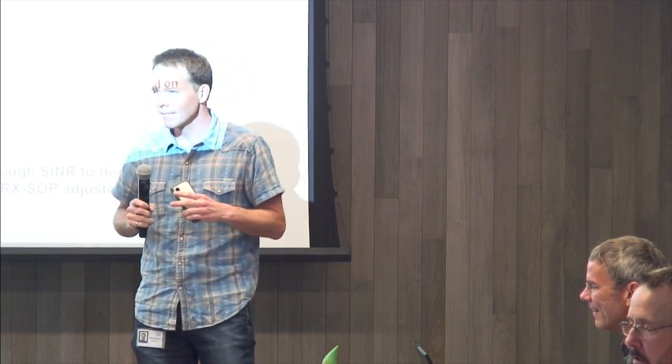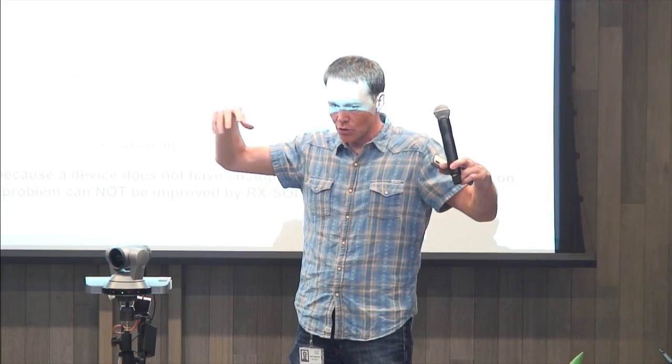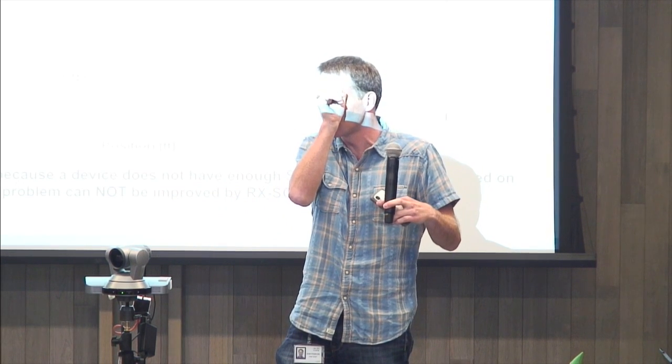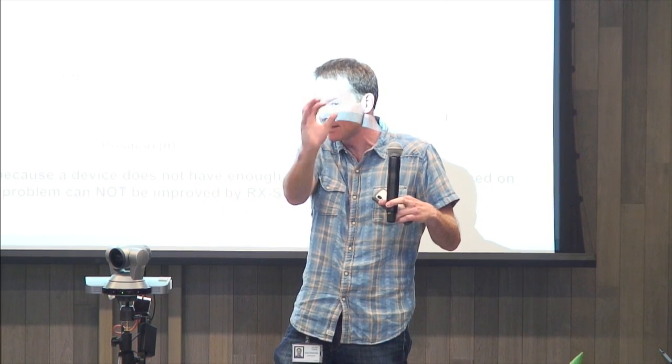So maybe you can explain some of the secret sauce that goes on behind the scenes from the controller perspective that's helping this out. Because it's not just the APs. There's some logic on the AP, but there's also logic on the controller, especially when it can hear the client from multiple APs, like in a stadium, where the controller knows better because the AP is looking at the client like through a straw and only sees that client.